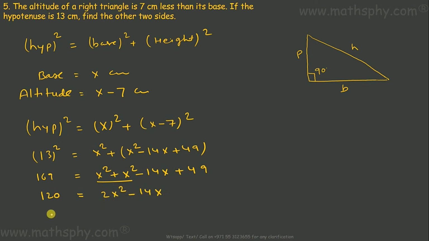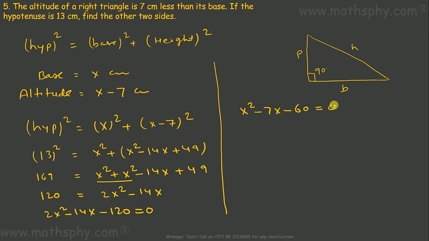So I can write this as 2x squared minus 14x minus 120 equals 0. If I take 2 as common, this will be x squared minus 7x minus 60 equals 0.